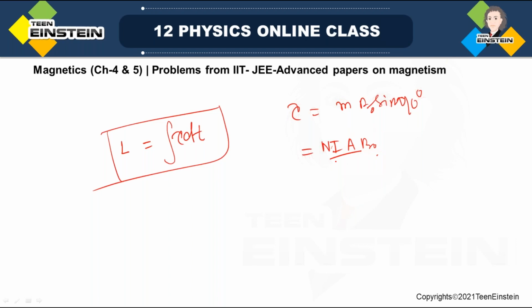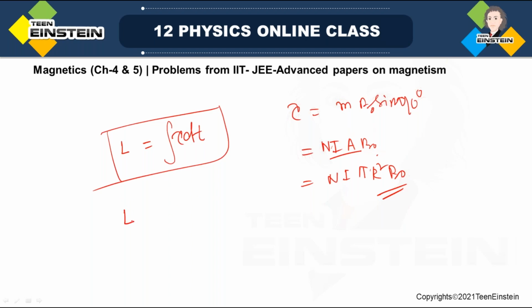A is pi capital R square, so that is the magnetic moment. The torque is N I pi R square B0.